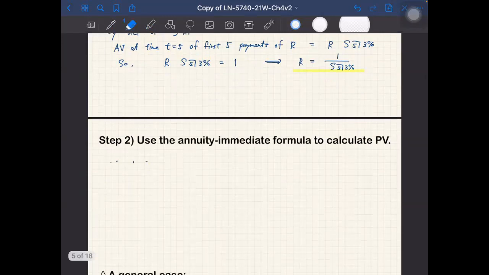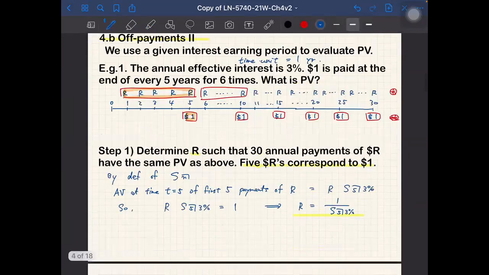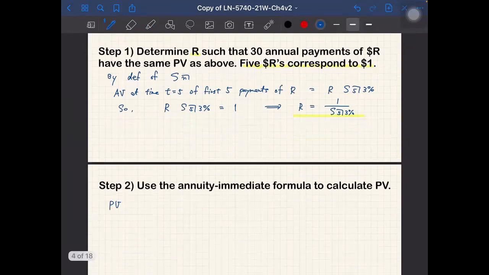What is the present value of this annuity? I mean the double asterisk, the 6 payments of $1 every 5 years.